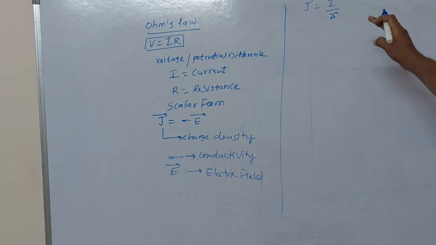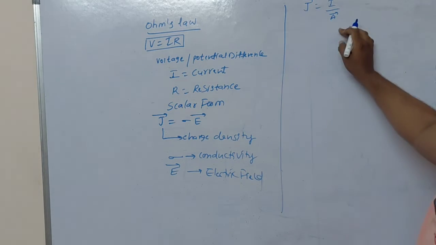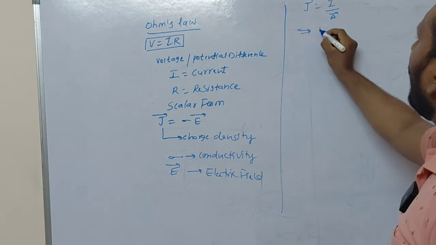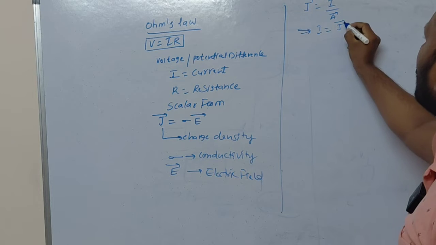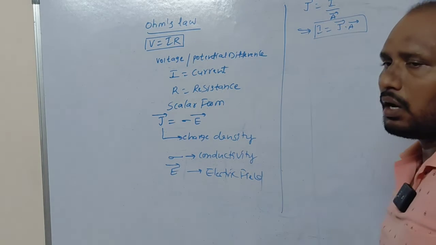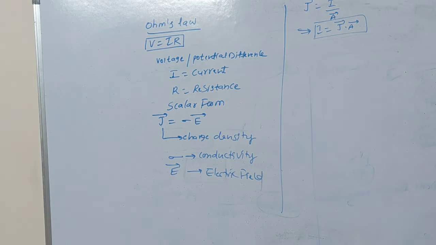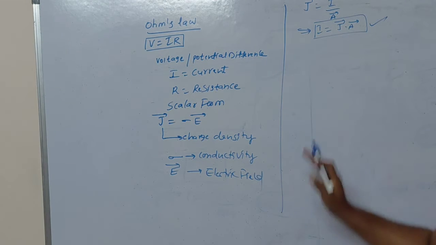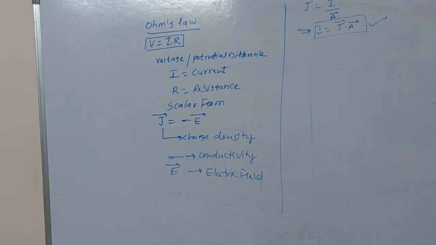So from this, I is equal to J bar dot A bar. That is why I is called a scalar quantity, because a dot product always gives a scalar. I is nothing but current.